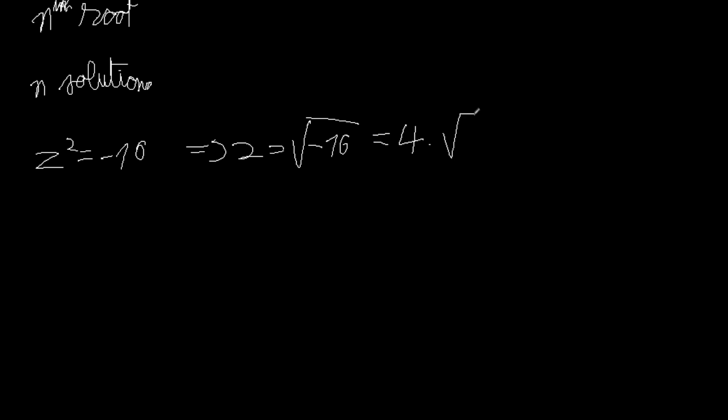Now I'll give you some more problems. z squared equals -16. How do you solve this? z equals square root of -16. You can rewrite this as 4 times square root of -1, which is 4 times i. But remember, 2 solutions. So if you're just going to do this, you're not going to get it.